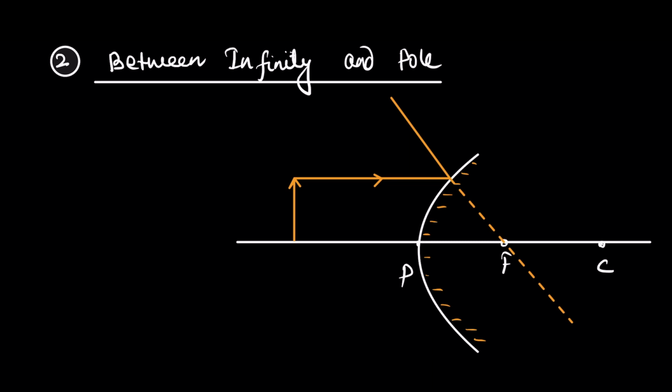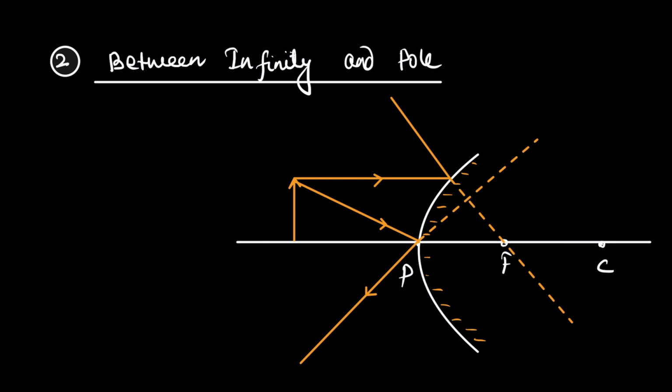Second, we can take through the pole. So here the reflected ray will be a dotted line.